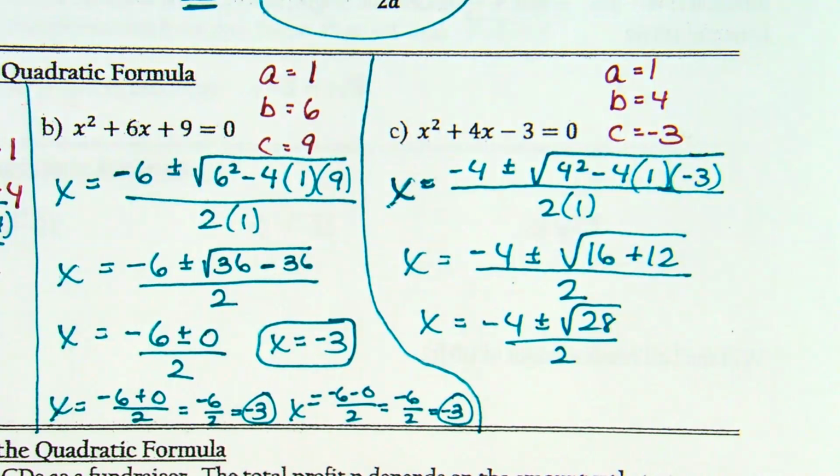Anything else you want to do on this one? Can we simplify it? Well, it's a tricky question. So currently, as we are looking at it at this exact moment, we cannot simplify it.